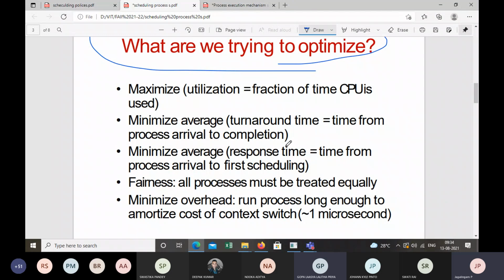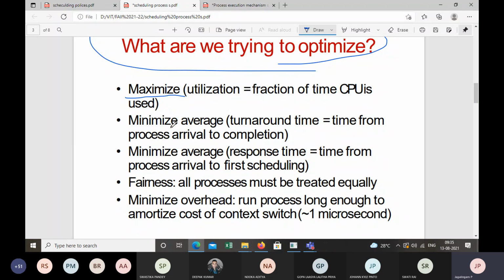The first goal is to maximize CPU utilization. What do you mean by that? The code of the scheduler will try to utilize the CPU to the maximum level. It tries to make sure that the CPU is fully used as far as possible.